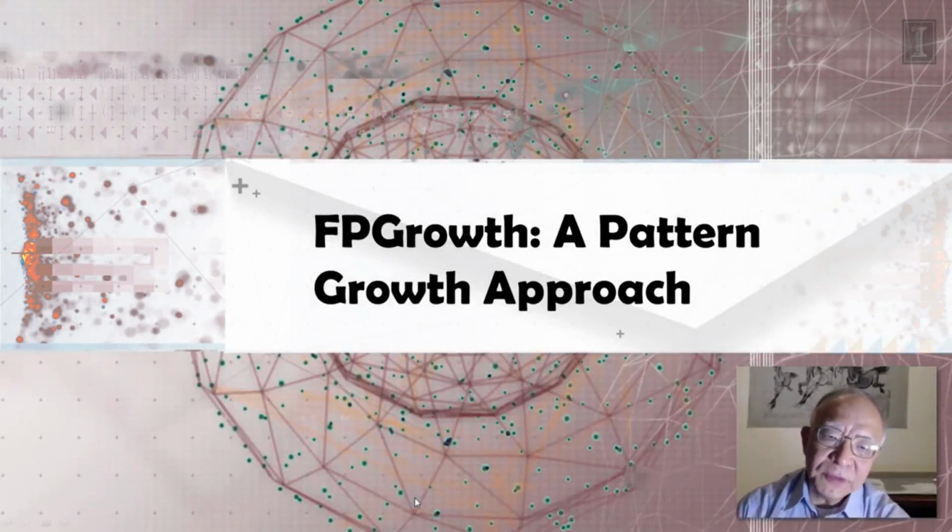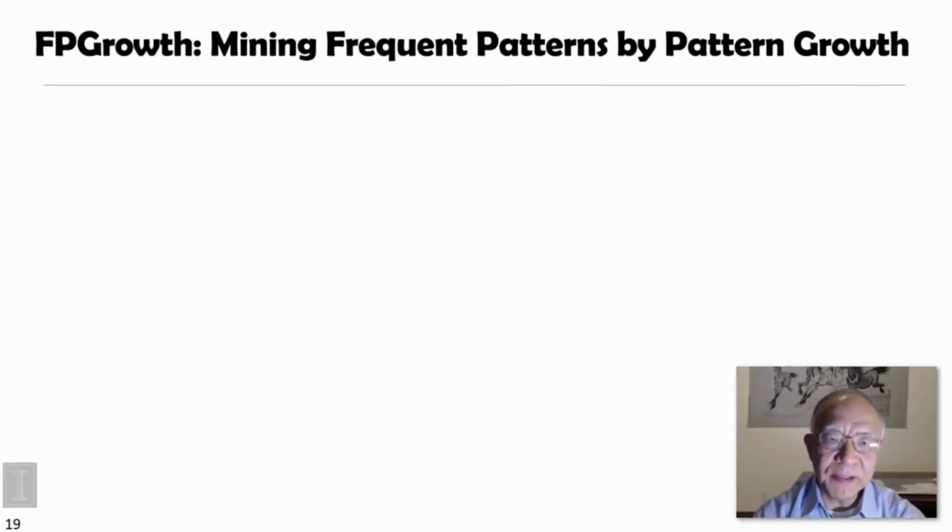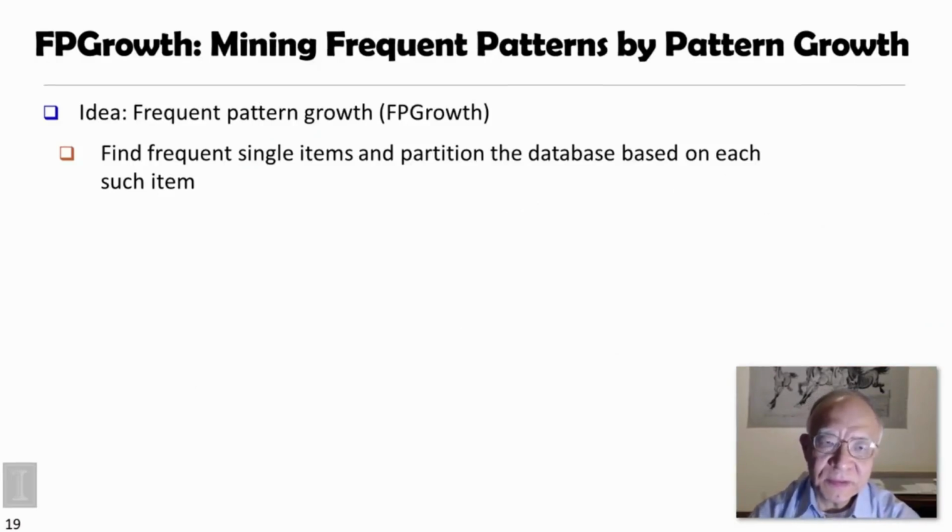Hi, I'm going to introduce you to another interesting pattern mining approach called the pattern growth approach. This approach is represented by an interesting algorithm called FPGrowth. Let's look at how this algorithm works.